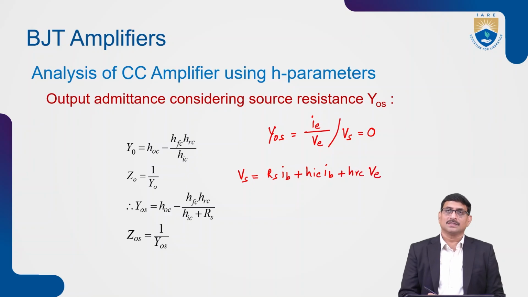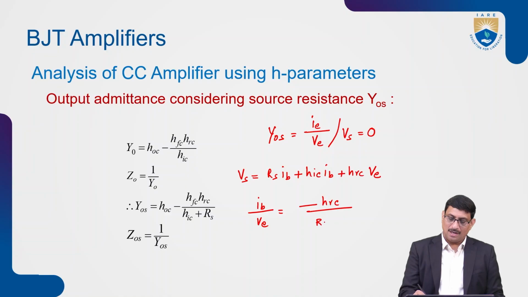This is the input voltage expression. Therefore, keeping Vs equal to 0, from this the expression IB divided by VE I will get is minus HRC divided by Rs plus HIC.